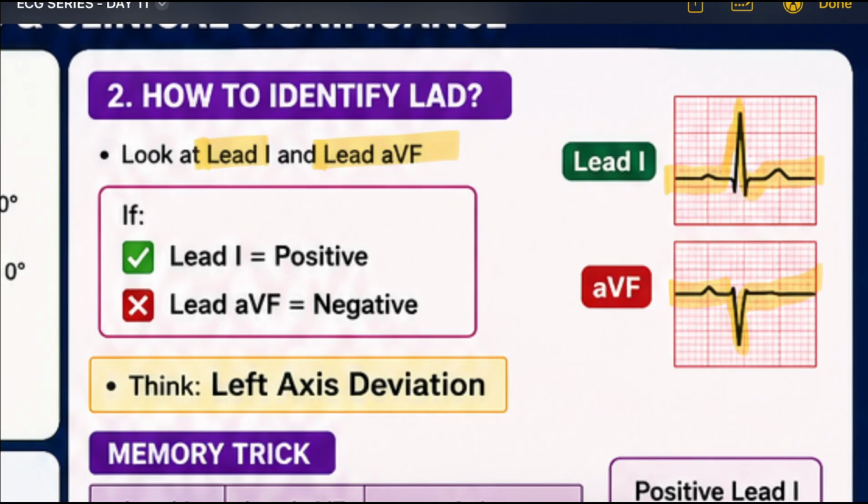So if lead 1 is positive and lead AVF is negative, we have to think of left axis deviation. Think of it like this: one arrow is going up and one arrow is going down, so both arrows are going away, meaning leftward. That's why we call it left axis deviation. You can remember it very easily like this.